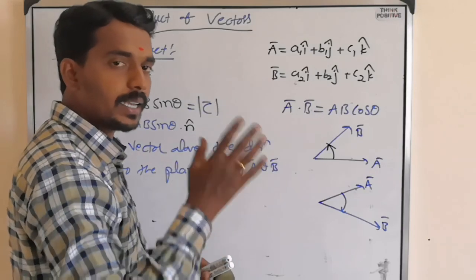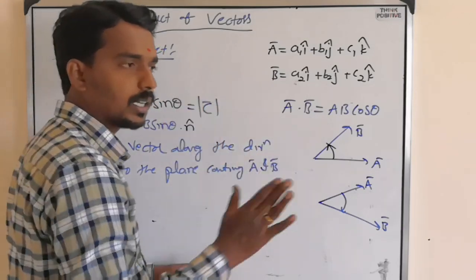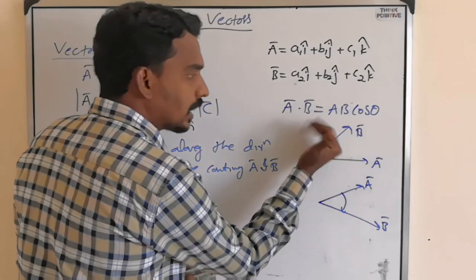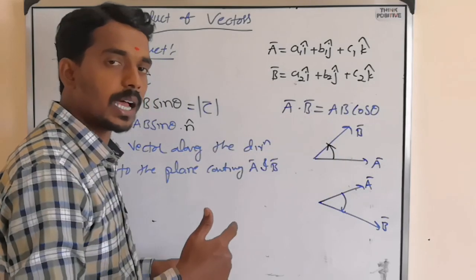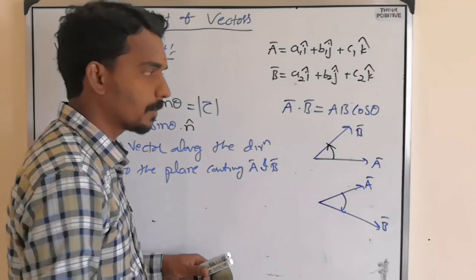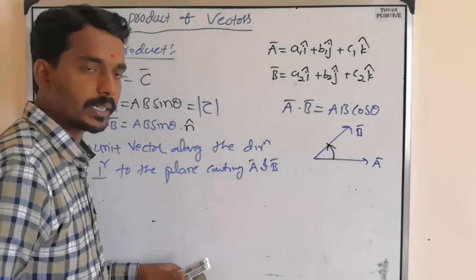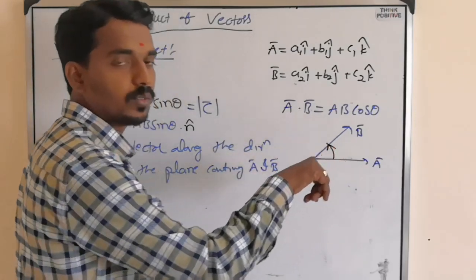So the direction you can find exactly using the right hand thumb rule. You have to curl from the first vector to the second vector. So A bar cross B bar is outward. Suppose they ask for B bar cross A bar, then it is inward, for the same two vectors.